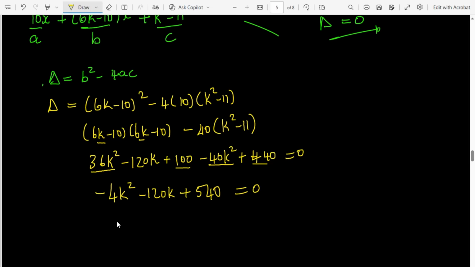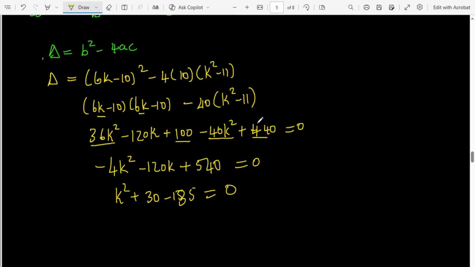Yes. By minus 4, this will be k squared plus, minus 4 goes into 120 30 times. And then 540, what is 540 divided by 4? We are dividing by negative, which will make this minus 135. And this is 0.